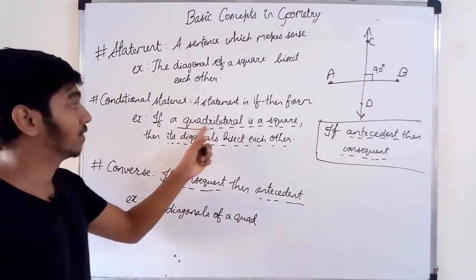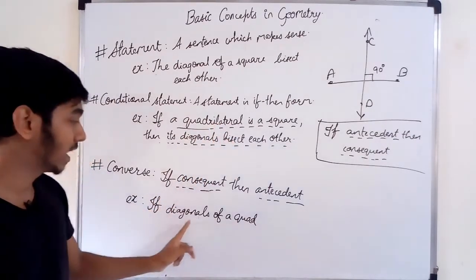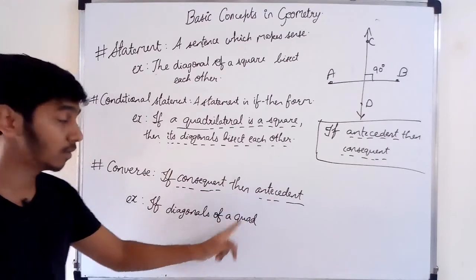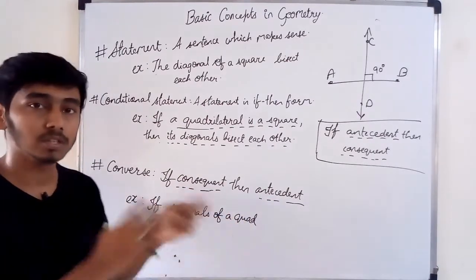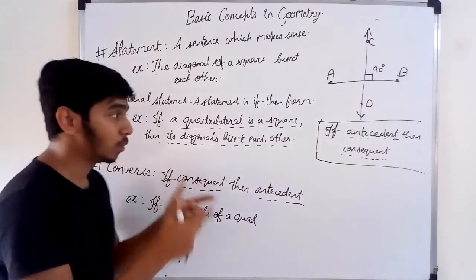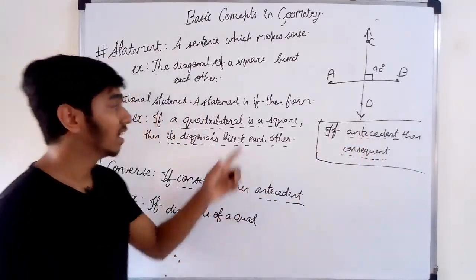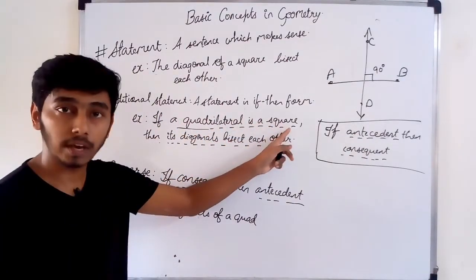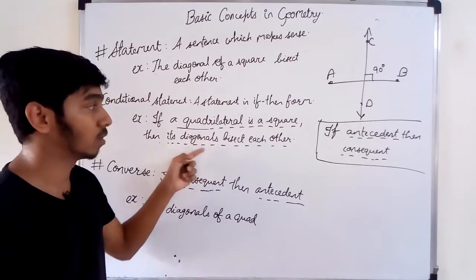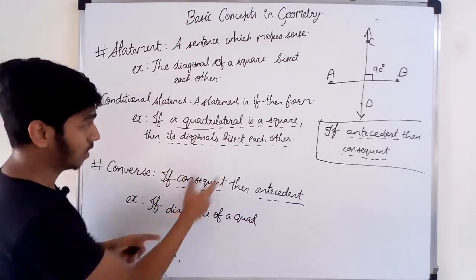It doesn't matter, we had added quadrilateral in the antecedent, here also we can add it, in the antecedent or the consequent. So it can be switched. What we are switching here, antecedent and consequent, is the meaning. The meaning in the antecedent is that it is a square, and the meaning in the consequent is that the diagonals bisect each other. So the meaning here will be switched.